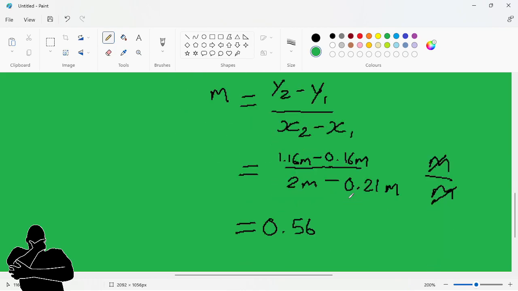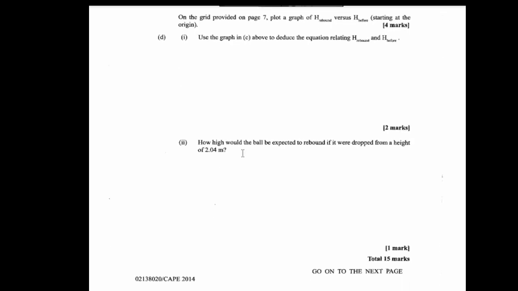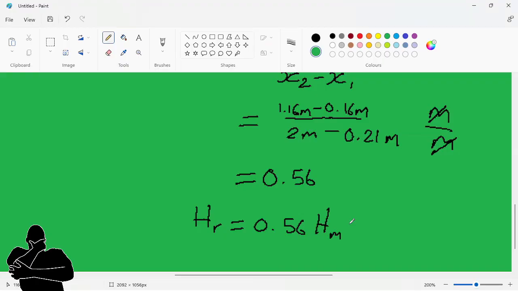So the equation that we would need would be H rebound is equivalent to 0.56 H max. The last thing that is asked of us is to find how high the ball would be expected to rebound if it were dropped from a height of 2.04 meters. To do that, you simply come back to this equation.